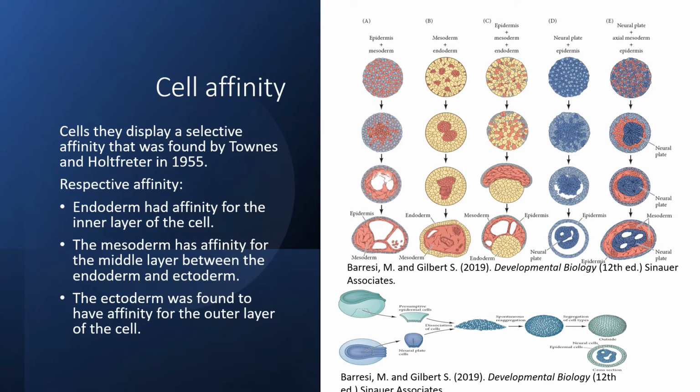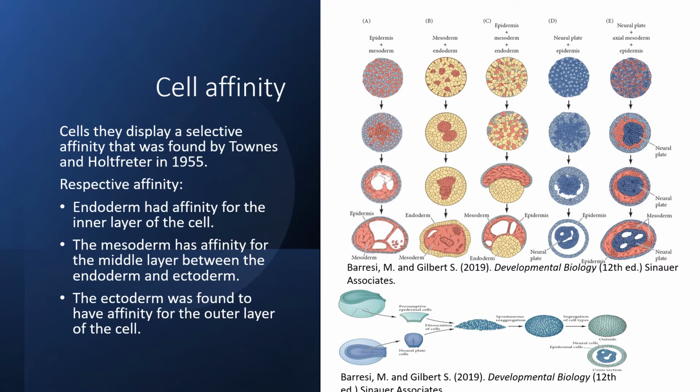In 1955, Townes and Holtfreter found that cells present in the embryo showed differential cell affinity that exhibits selective affinity. This was seen in the selective affinity between the endoderm, ectoderm, and mesoderm. The experiment consisted of mixing the cells, and the results showed that the cells would reaggregate into their respective locations.